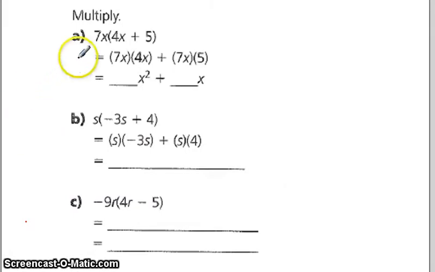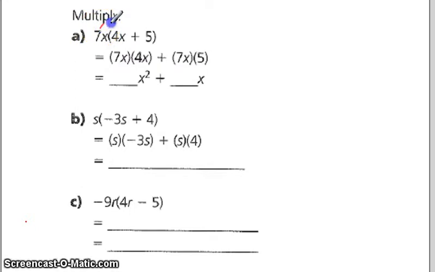This is multiplying a binomial by a monomial. So, multiplying polynomials by monomials. So far we've only covered multiplying by a constant, which would just be a number. Now this is a number with a letter times another number with a letter. Nothing changes as far as the distributive property goes.